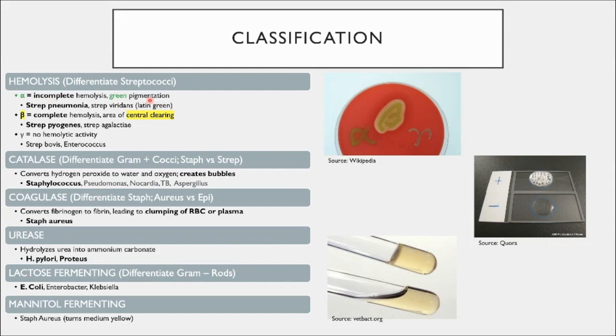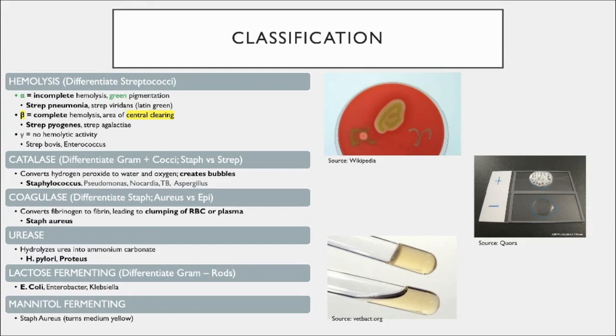Hemolysis is probably the thing you're most likely to see. When we're talking about hemolytic patterns, we're referring to streptococci. This is just a way to distinguish the group, starting with the alpha hemolytic streps. What happens here is the strep lacks the toxin to completely hemolyze blood whenever it's grown on a blood agar.